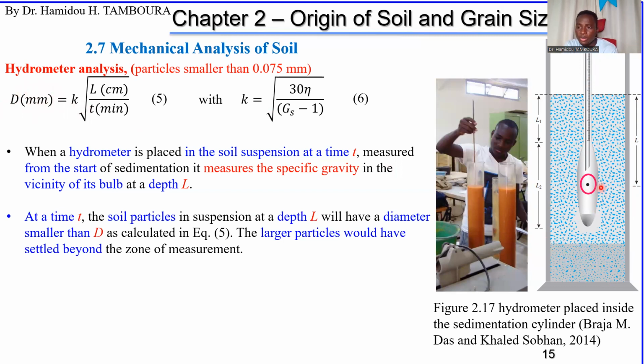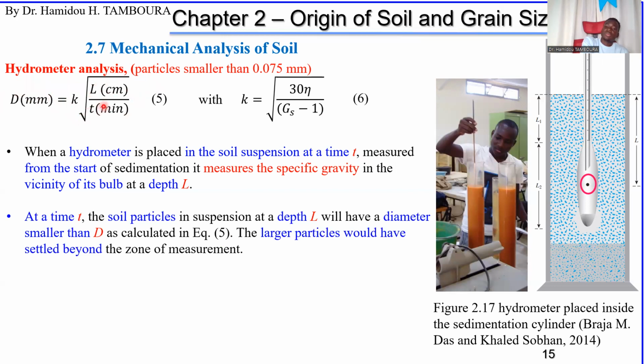Because large particles would have gone down below that part, because they are heavier. So they will be down. So the specific gravity you will measure here will then correspond to particles smaller than this d you have.